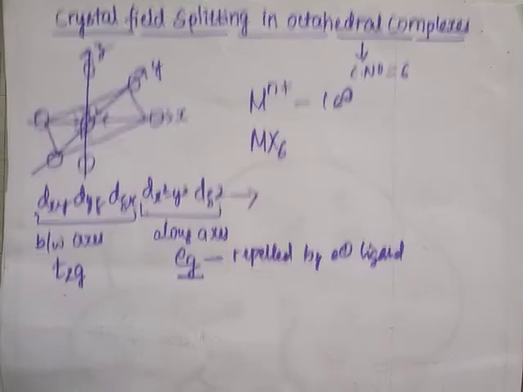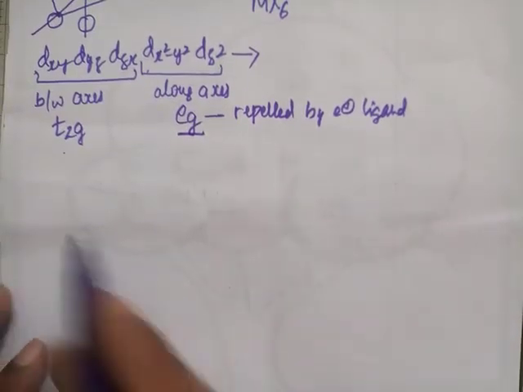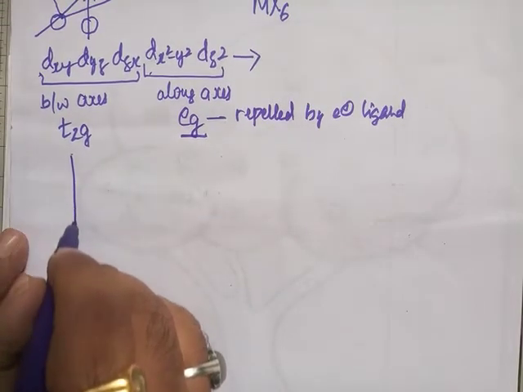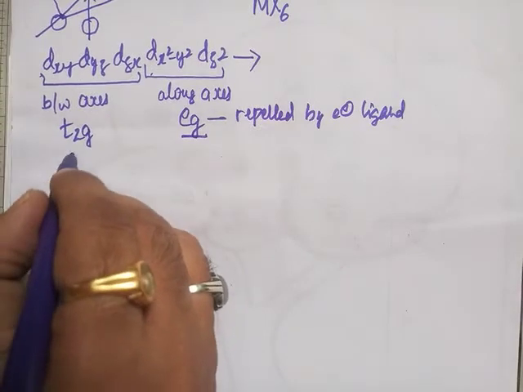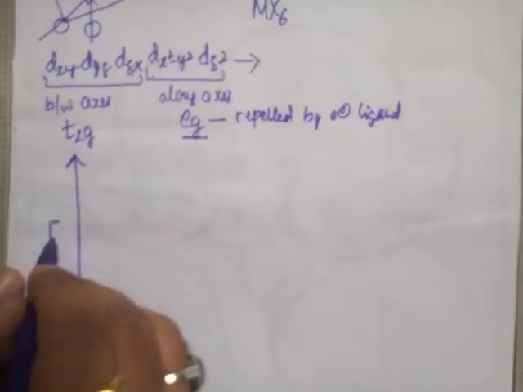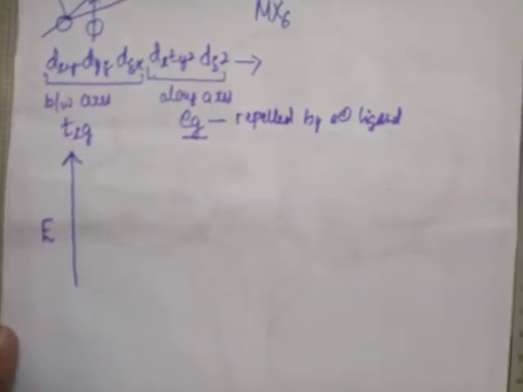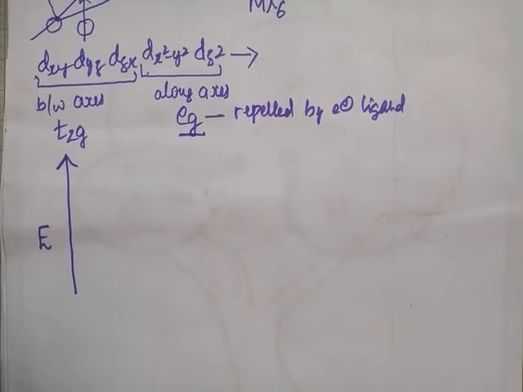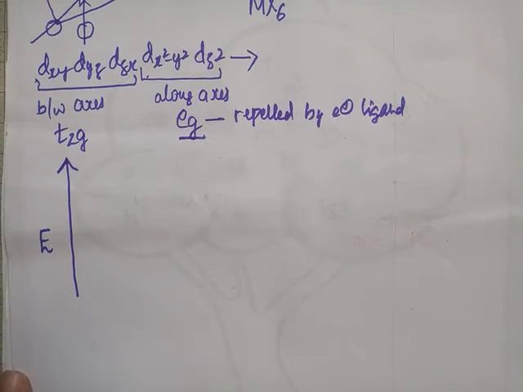Now let us write the splitting of the d orbitals of the central metal ion under the influence of the ligands.